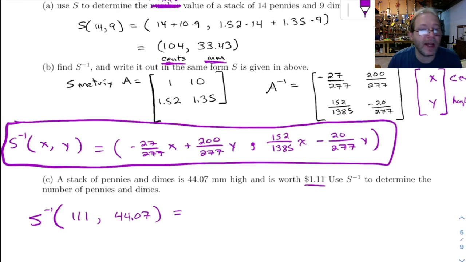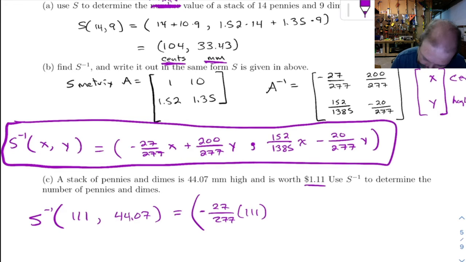So we've got to plug that into the function above. This doesn't look fun. Let's see, minus 27 over 277 times 111 plus 200 over 277 times 44.07.